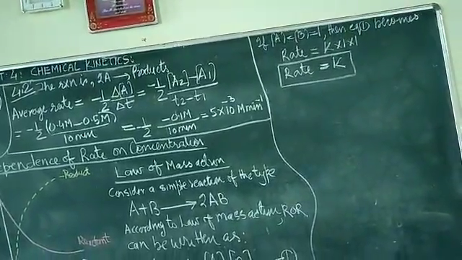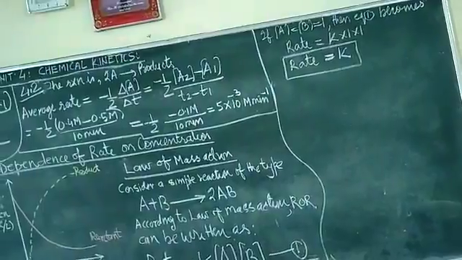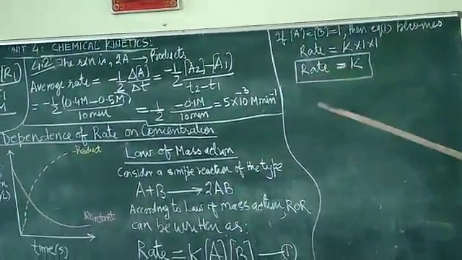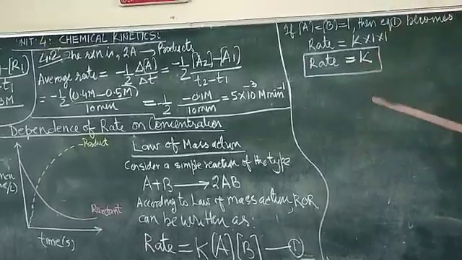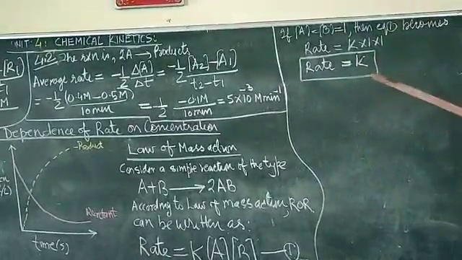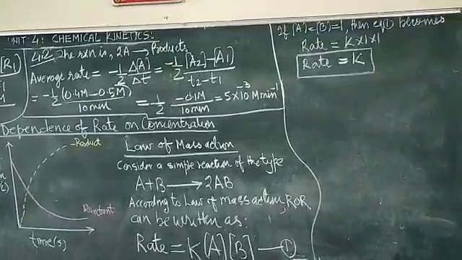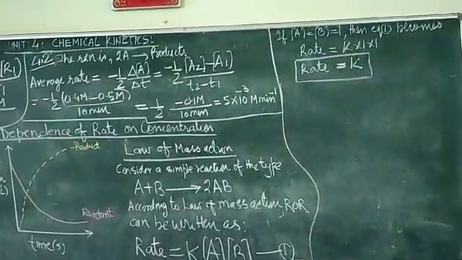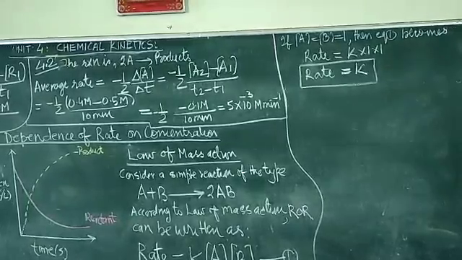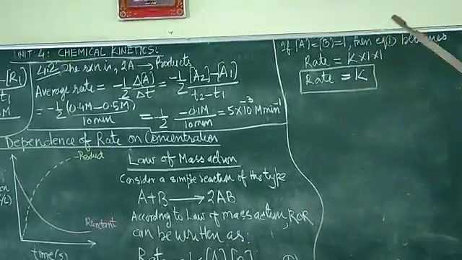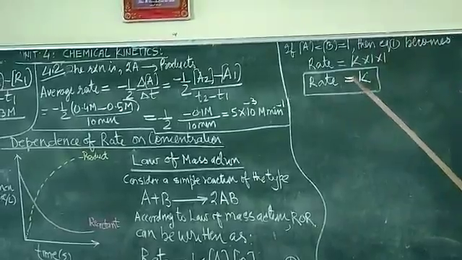Number 2, different reactions have different values of K. Number 3, at a fixed temperature, value of K is constant. However, it changes with temperature. Point number 4, for a particular reaction, the value of rate constant is independent of the concentration. These are the characteristics of this rate constant K.